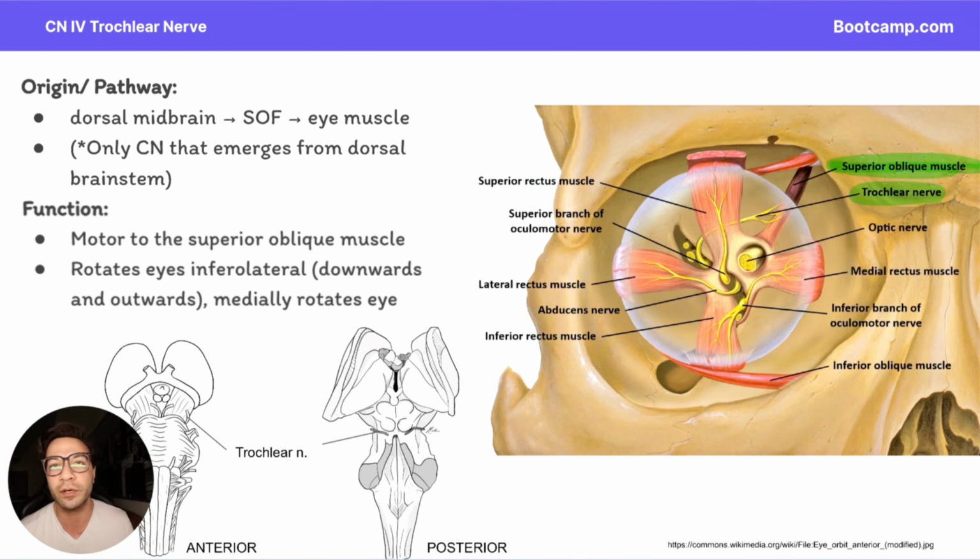And we'll take a better look at this in a couple slides. But the superior oblique muscle rotates the eye inferior laterally or downwards and outwards. So it allows me to look down in that direction right there.